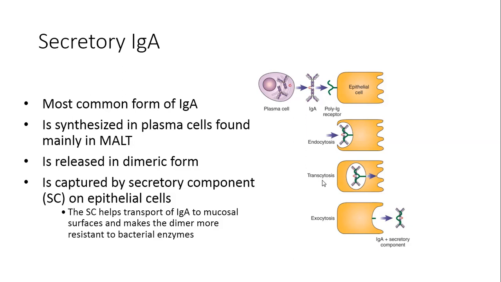It's helping to transport it through the epithelial cell. And then it leaves the epithelial cell through the process we call exocytosis. So it leaves the epithelial cells, and again, this is in the MALT area, and we've attached that really important secretory component.